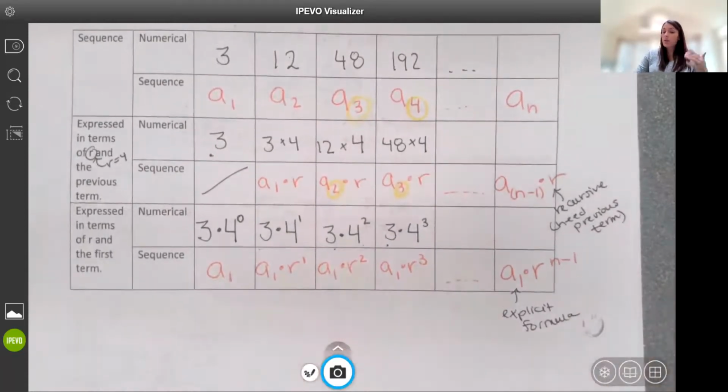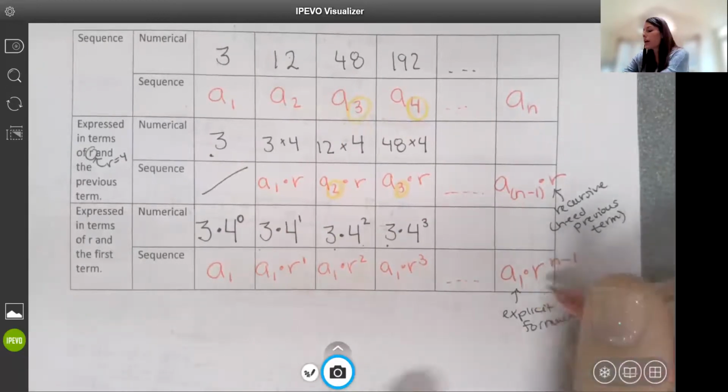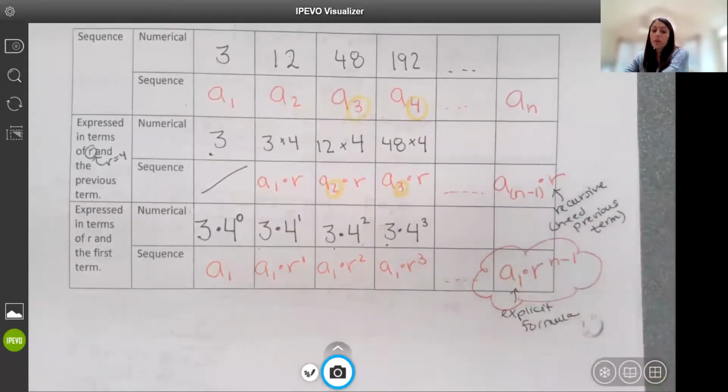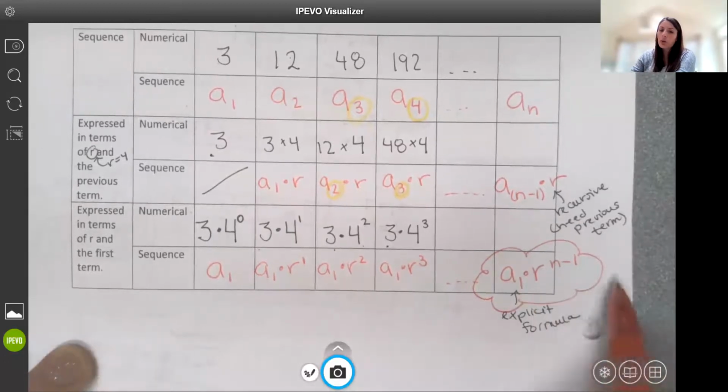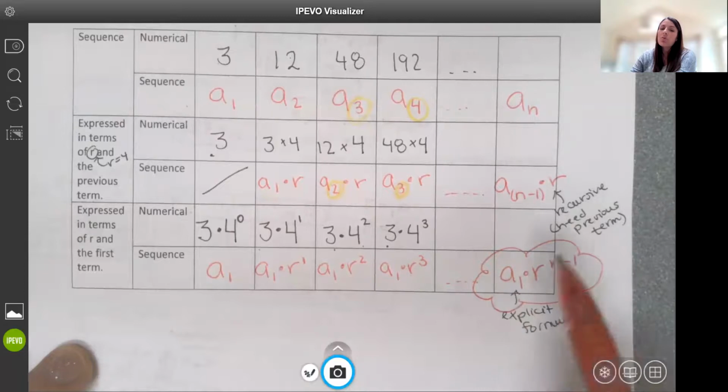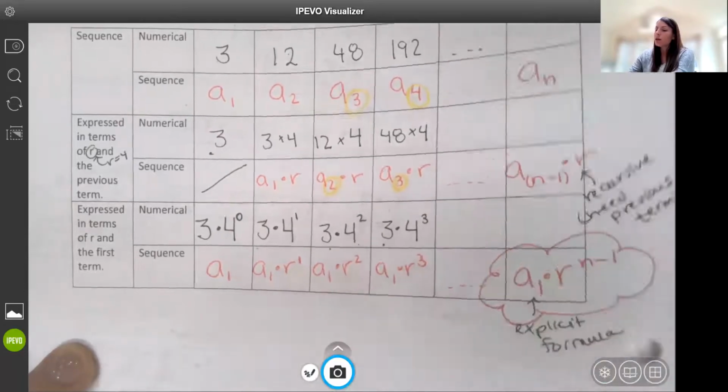Explicit meaning I don't need the term before it. I can just directly substitute whatever n is into my equation and use it to find that number term. We really like this formula better. Okay, we're going to look at both for a moment, but overall we stick to this one because it doesn't rely on us needing the term before it.